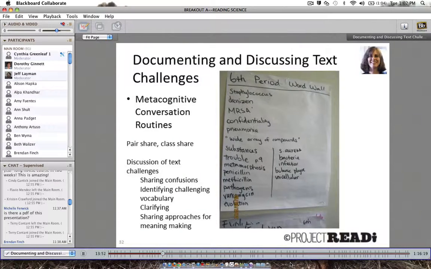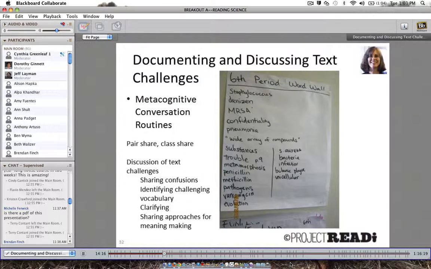A key principle of instruction in our work is making thinking and problem solving a public shared enterprise. Not only are students asked to share what they're thinking, but how they are figuring things out. There are abundant pair and small group and whole class conversations that focus on both how to make meaning of text, as well as the tentative ideas students are coming to as they read.